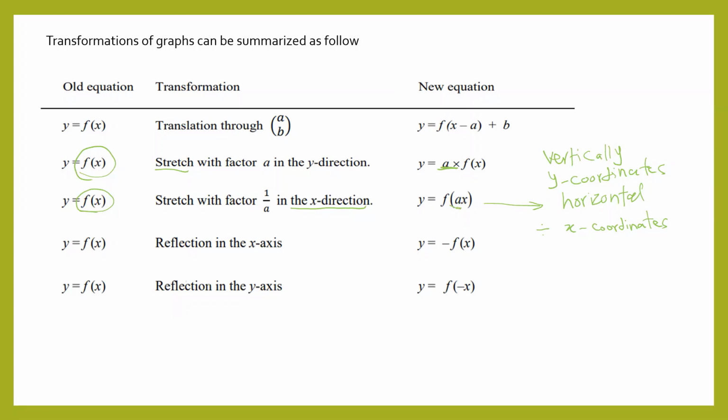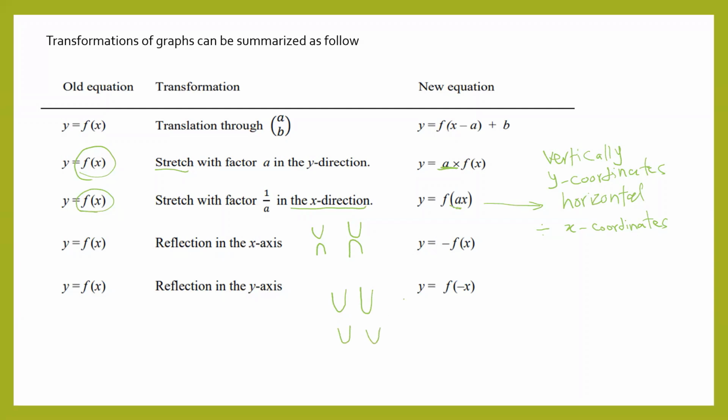The reflection, we have two types of reflection. Reflection in the x-axis: if the function looks up like this, for example, it will be reflected down, or if it's down, it will look up after changing this. And in the y-axis, for example, if the function is on the right, it will be on the left. If it's on the left, it will be on the right.